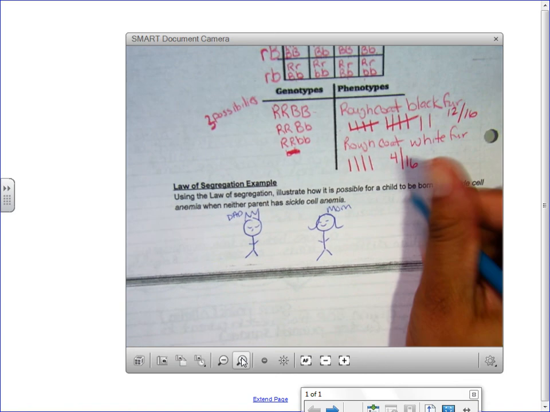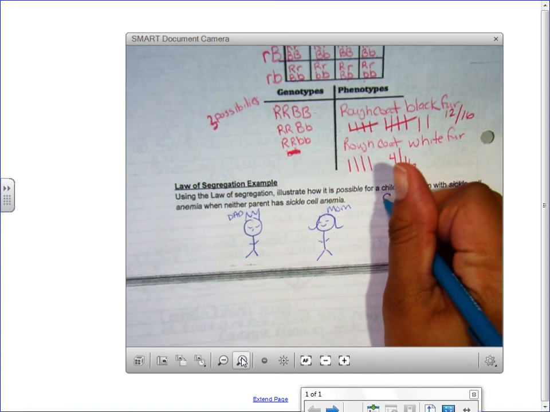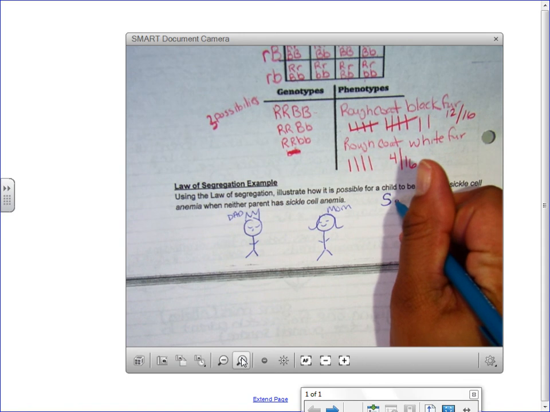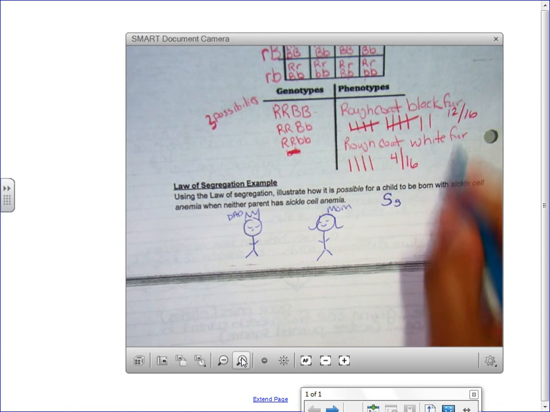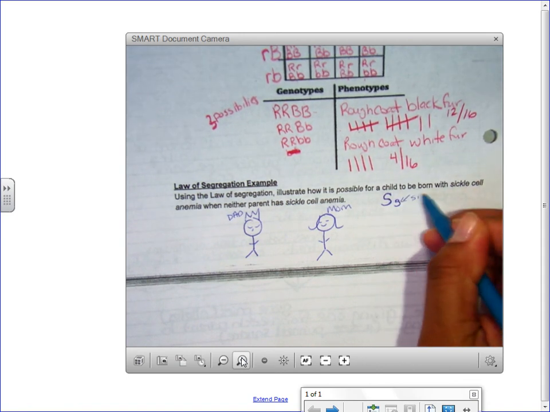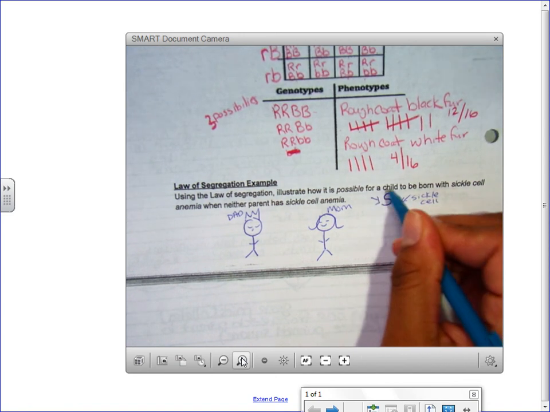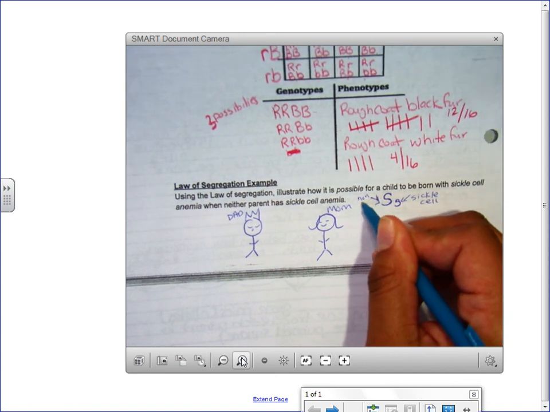Now, again, let's use sickle cell as a lowercase s, being the sickle cell trait. So that means the capital S would be non-sickle cell.